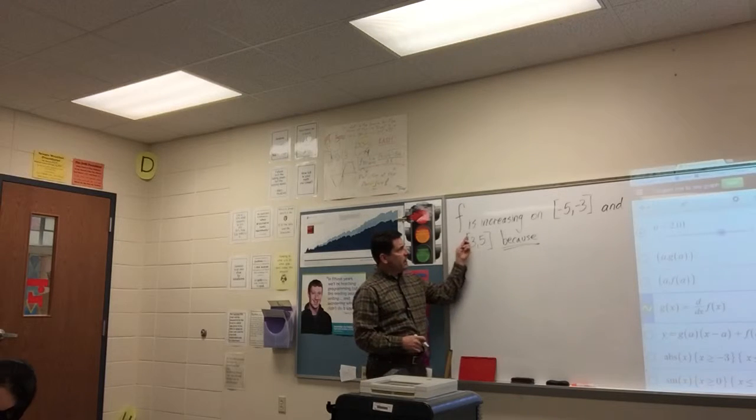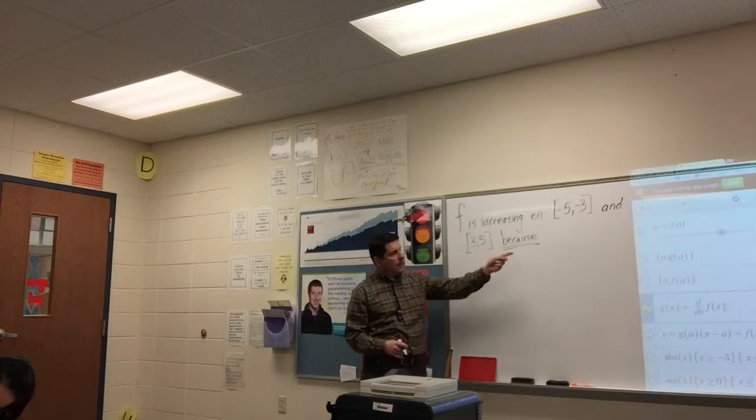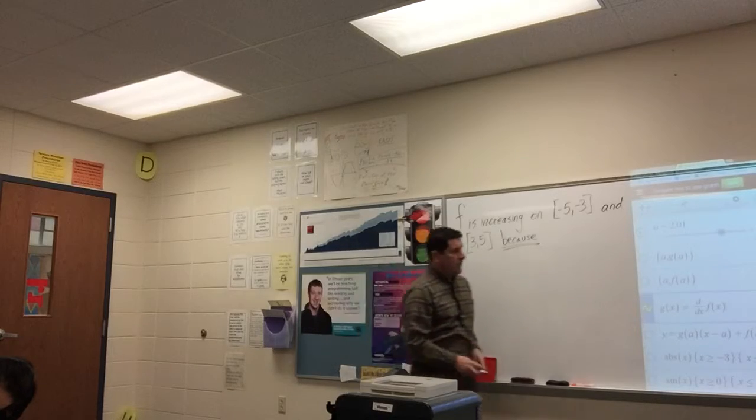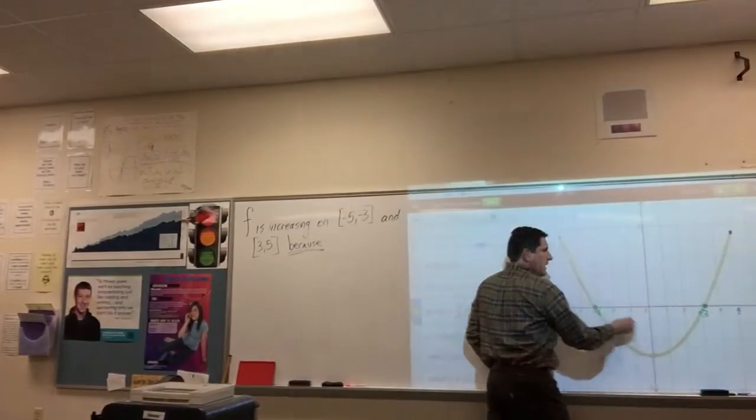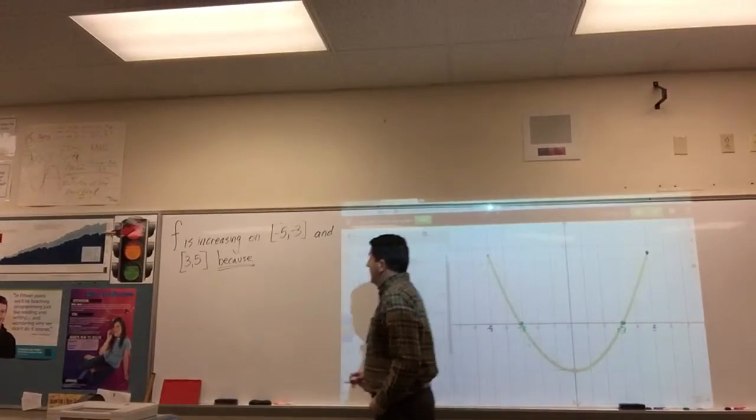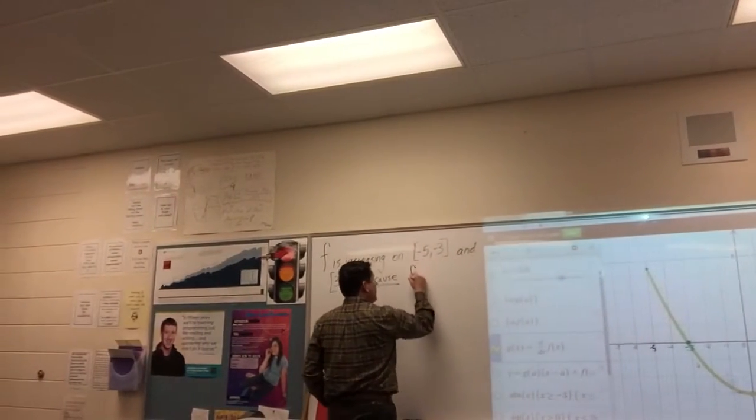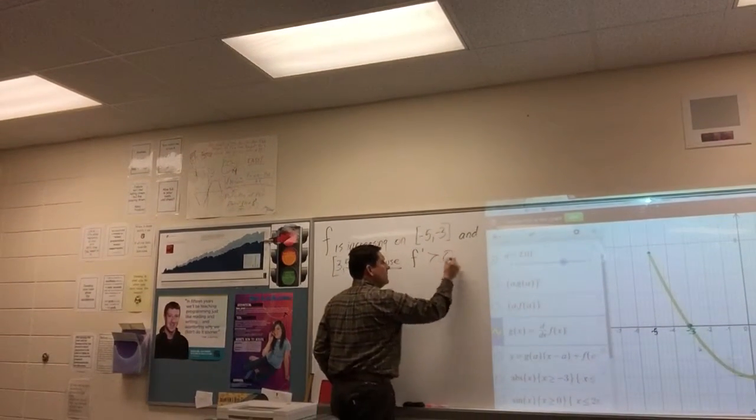So the function f is increasing on the intervals from -5 to -3 and from 3 to 5 because f prime is positive.